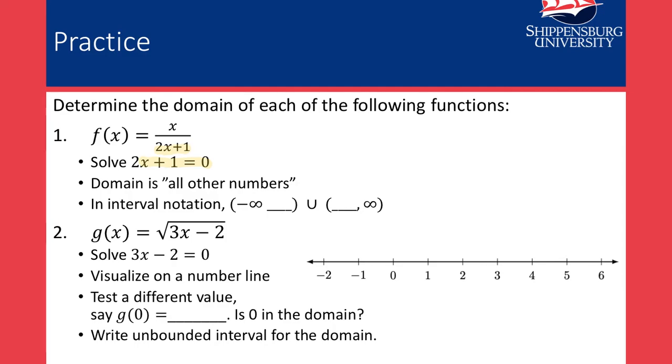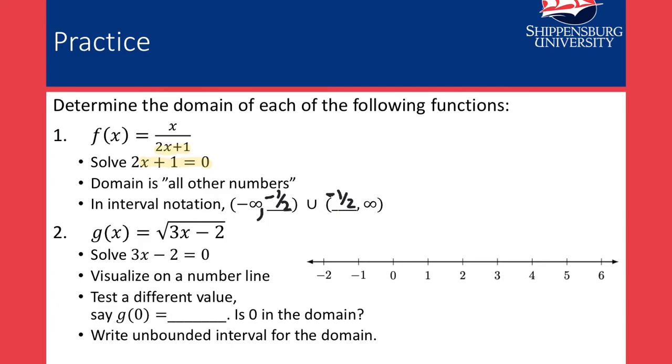And so all numbers except negative 1/2 is going to be my domain. The way I would say that is all numbers between minus infinity and negative 1/2, or all numbers between negative 1/2 and infinity. And so that only leaves out the number negative 1/2, which is what I want to do.